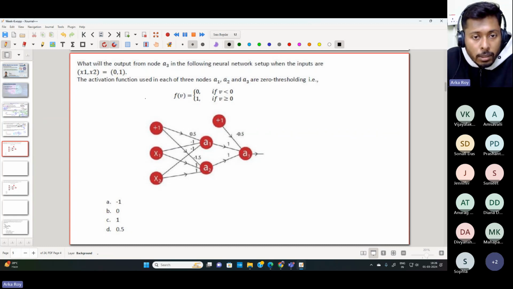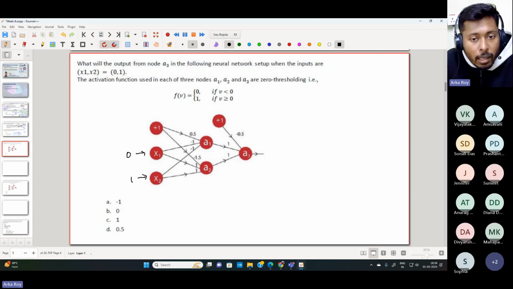Okay, so this is the third question. They have given two inputs x1 and x2, and this is the bias corresponding to the first layer or the input layer. Along with that, they have given the value of x1 and x2. So x1 is 0 and x2 is 1.